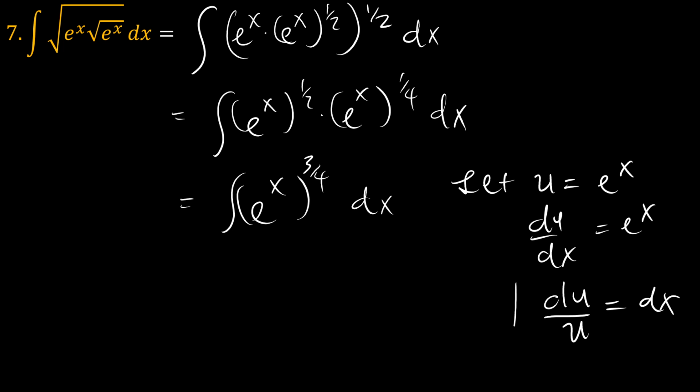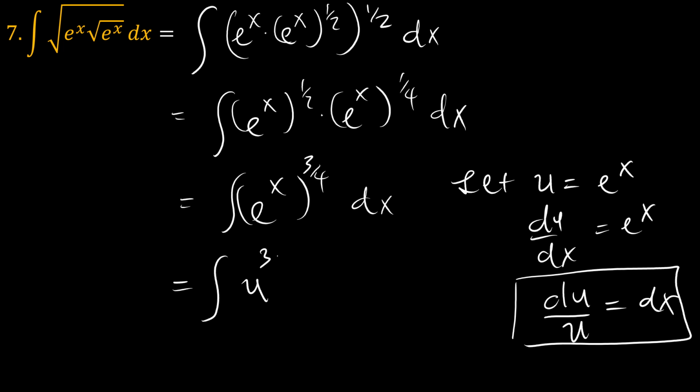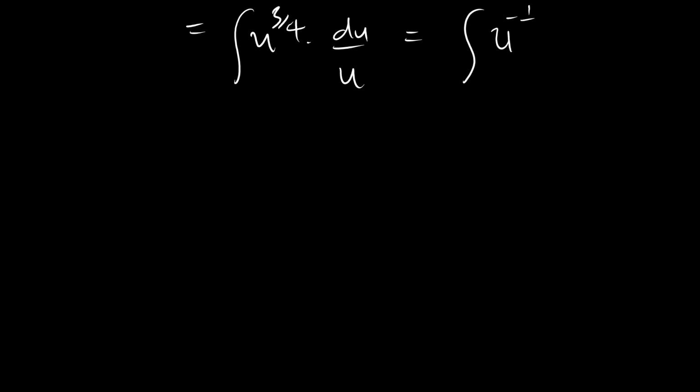This is an important part because now we say, okay, we have u to the power 3 over 4, and dx is the same as du over u. Okay, so let's continue. Since we have u to the power 3 over 4 times du over u, this is the same as u to the power negative a quarter du.